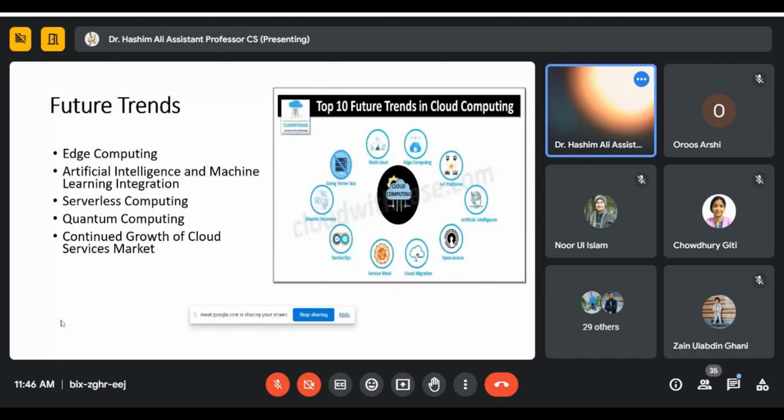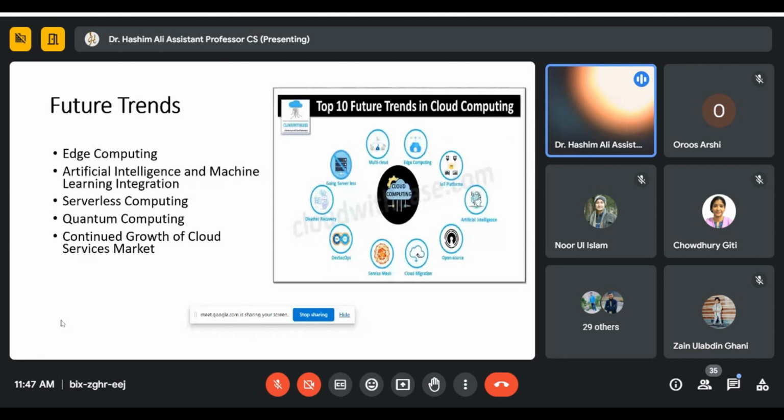So we have got a lot to do in terms of the AI and machine learning integration within the cloud paradigm. And obviously, there is a continued growth of the cloud service market as days are progressing. The integration of the cloud service market is improving, and there is a continuous growth in terms of the service market.